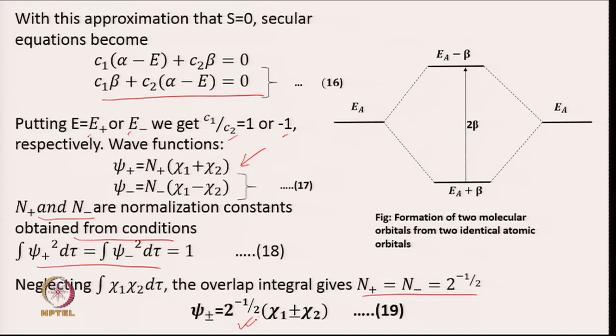So, this is your wave function. E we have already calculated: E is Ea plus beta and Ea minus beta, and the difference between these two is 2 beta. So, two atomic orbitals on linear combination give you two molecular orbitals with energy Ea plus beta and Ea minus beta.